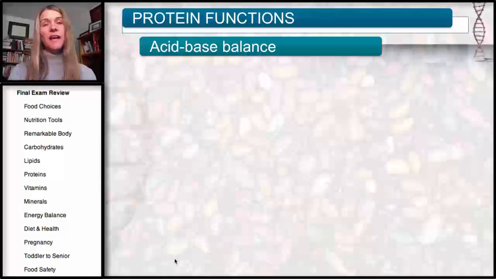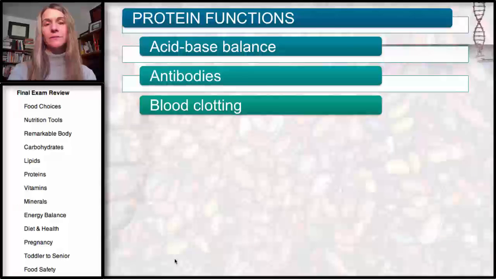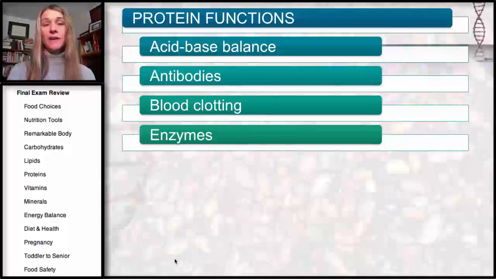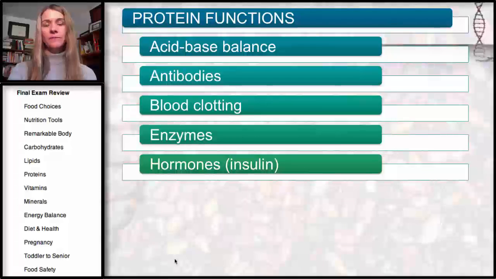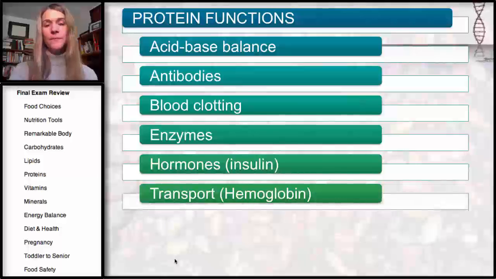So proteins can act as an acid-base balance. They also form antibodies. They assist in blood clotting, and then very importantly, work as enzymes. They are hormones; an example can be insulin. I want to mention that lipids can also be hormones.